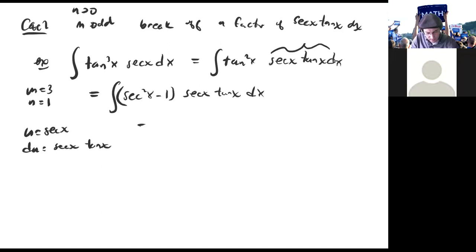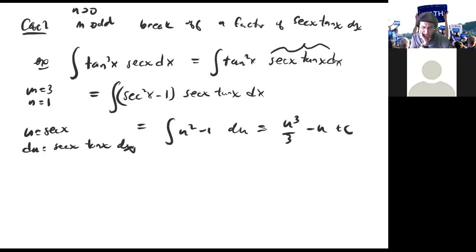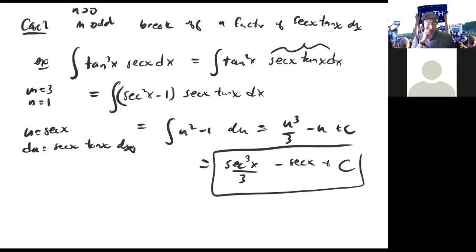This integral becomes the integral of u squared minus 1 du. The antiderivative is u cubed over 3 minus u, and then we add a c. This is secant cubed x over 3 minus secant x plus c, and we've done it. Okay, so that works. That's great, and I'm going to save the screen and clear it.